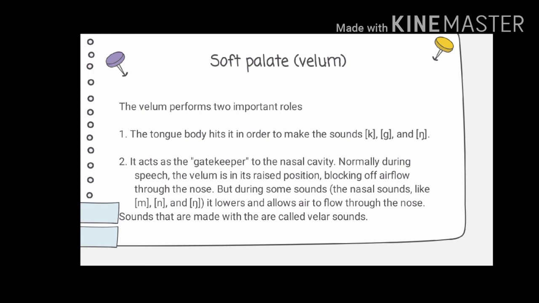Normally during speech, the velum is in its raised position, blocking the airflow through the nose. But during some sounds, the nasal sounds like m, n, and ng, it lowers and allows air to flow through the nose. The sounds that are made with the velum are called velar sounds.